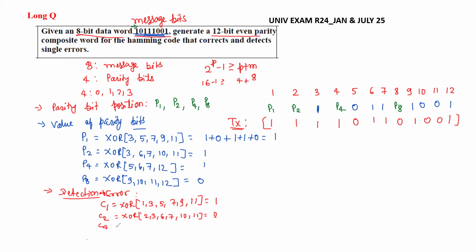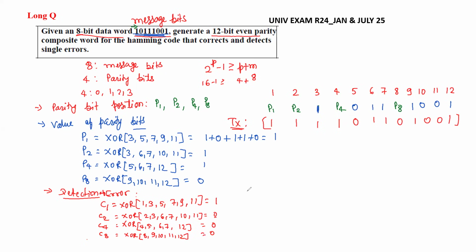C4, again XOR. The positions we have to check are 4, 5, 6, 7, 4 gap, 12. Suppose I take this also as 0. C8, XOR, for bit positions 8, 9, 10, 11, 12. In this also we are taking 0.